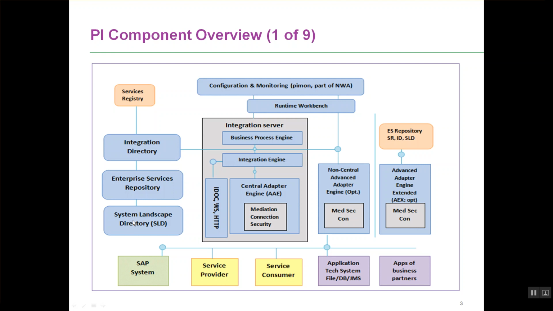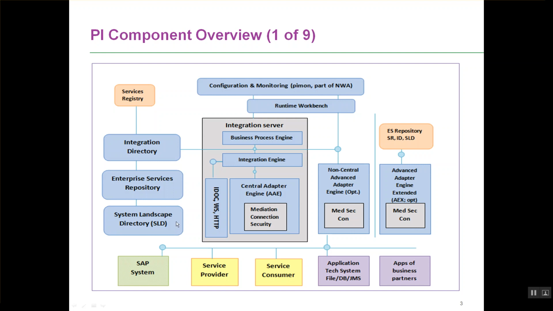But for those who have no background to it, do not worry. SLD is nothing but, remember the underlying idea of PI, that it is a central application that is going to integrate with multiple applications in the landscape. So for PI, it is essential to understand what all systems are in the landscape, because eventually PI is connecting to multiple different systems.